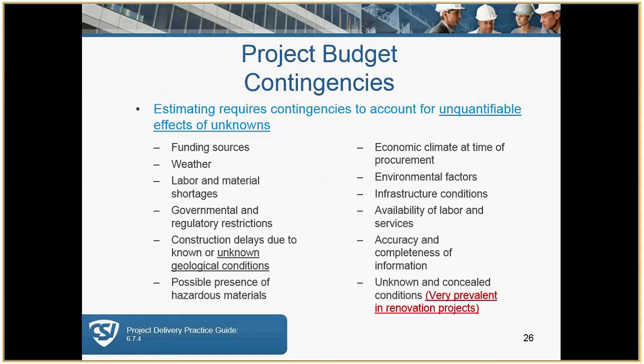And as we get through the design documents, we can reduce that contingency. One caveat to that is renovation. Renovation projects, you generally would want to keep a 12 to 15% range because there's more of a chance that you would find an unknown. And contingency should always be included in a project budget for both design and construction portions of the project.